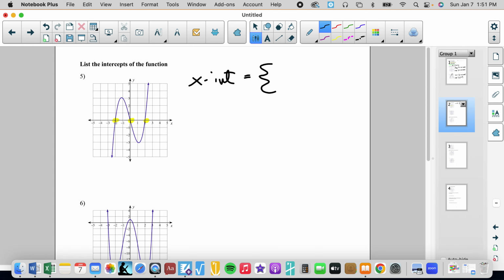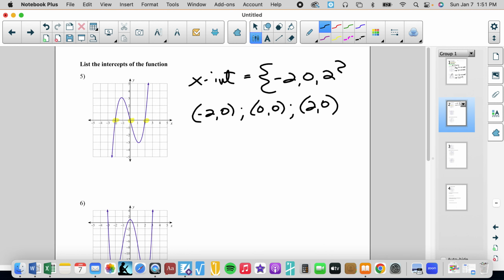And again, if you're going to use parentheses, use coordinates. So you would say (-2, 0), you'd say (0, 0), and you'd say (2, 0). You could also list it as -2, 0, and 2, but those need to be in solution sets. You can't use parentheses, because that looks like a coordinate.